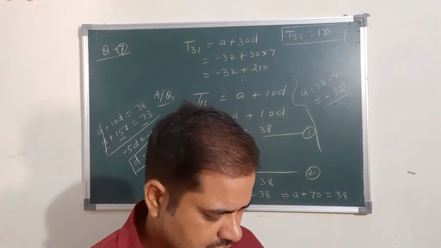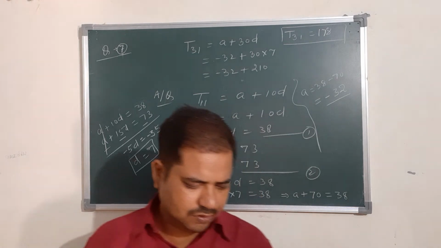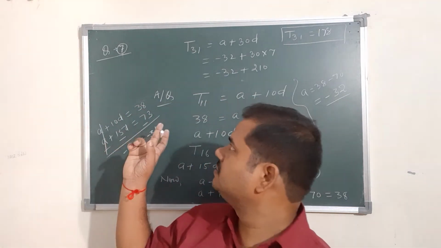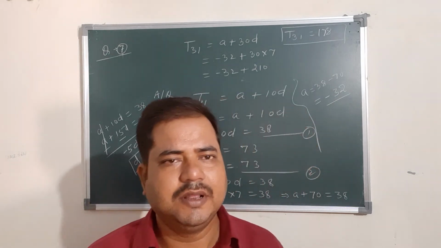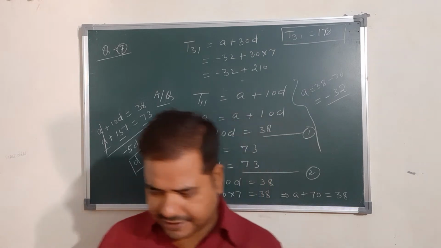So now next we have to see question number 8. I hope you understand these two questions, 6th and 7th. Now we are going to proceed to question number 8.